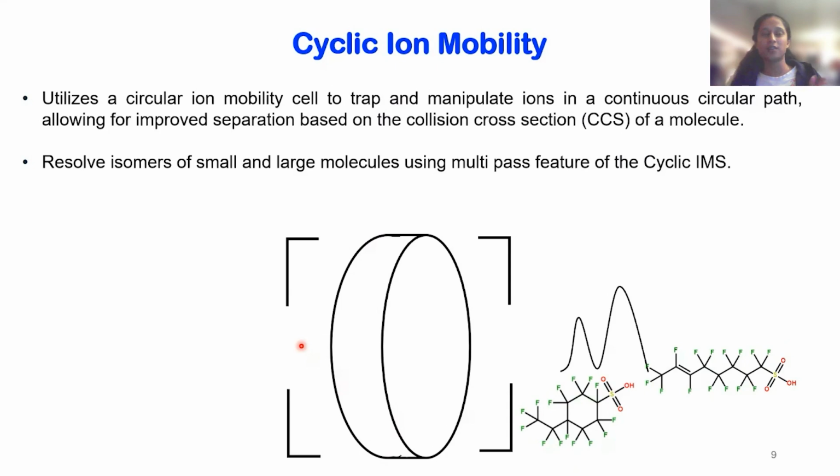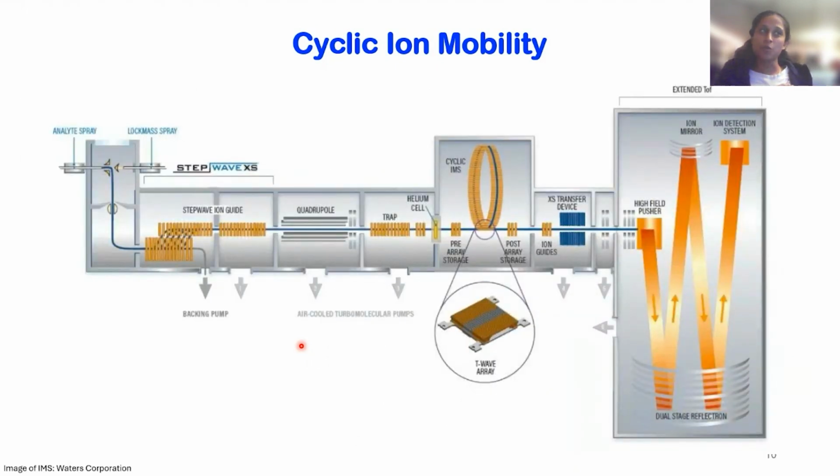So this is one of the important characteristics we want, because PFAS isomers have very close CCS values. So you want higher passes, more separation ability, to get the PFAS isomers separated.